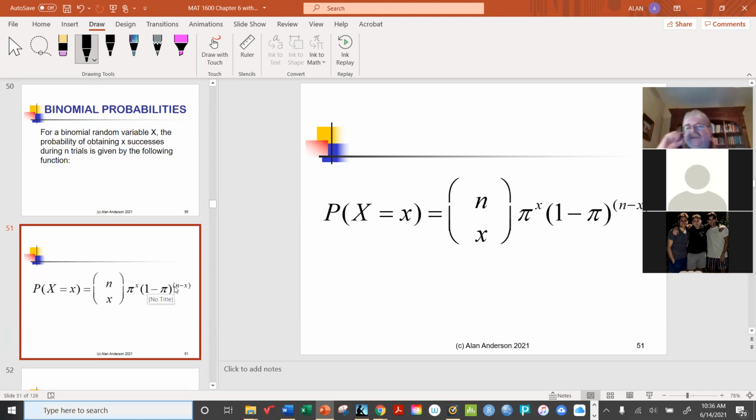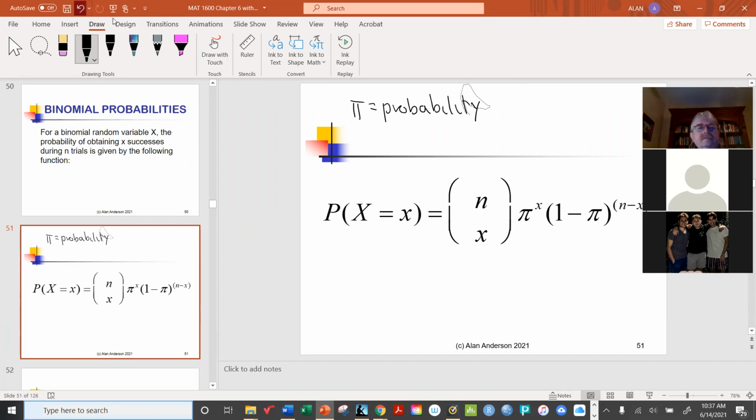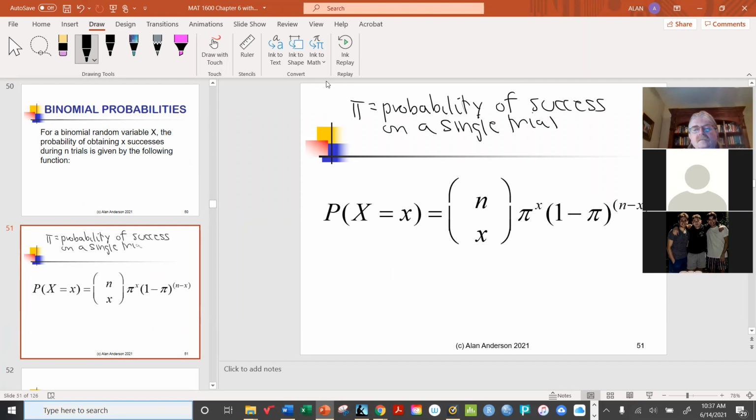So now, obviously, you've seen all of this. Pi, of course, is the probability of success on a single trial. N is the number of trials.